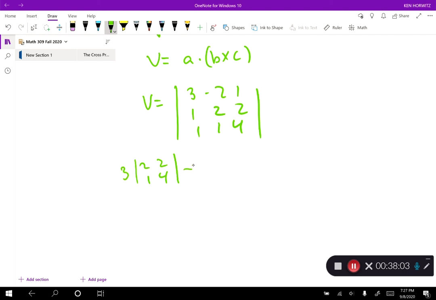And then that's subtracted. Now the number up top is a negative 2, so I have negative 2 in front. Then I'm going to cover up that middle column, and I get 1, 2, 1, 4. And then lastly, I'm going to add, and the 1 is there in place of the k. And I have 1, 2, 1, 1.